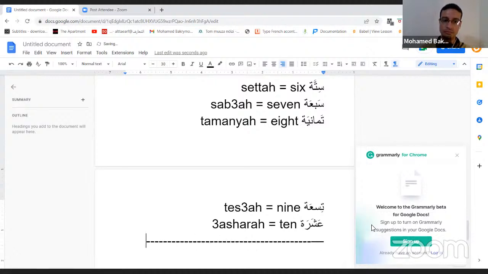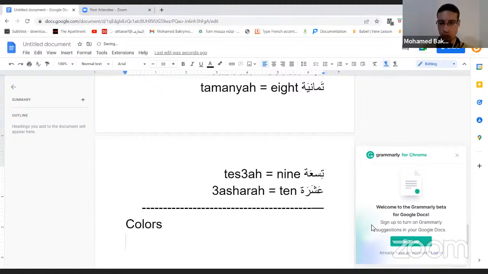Now we are going to learn colors. Okay. Let's start with the first color, أبيض. We have two forms for colors because colors are usually used to describe things, and everything in Arabic is either masculine or feminine.